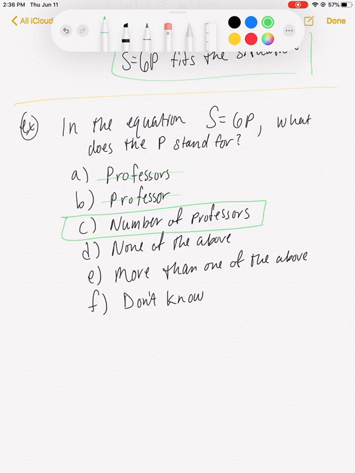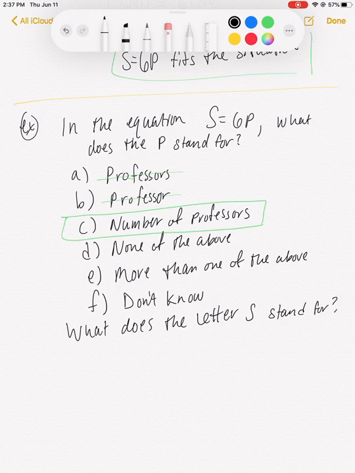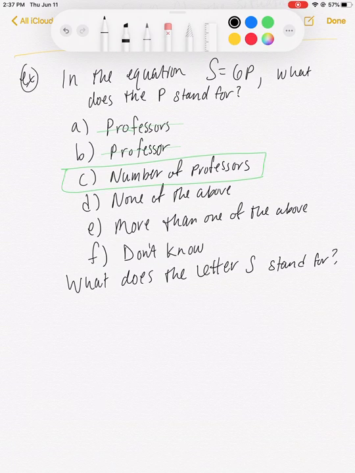Let's take a look at part 2 here. What does the letter S stand for? Okay, so I'll give you some examples. A, professors.